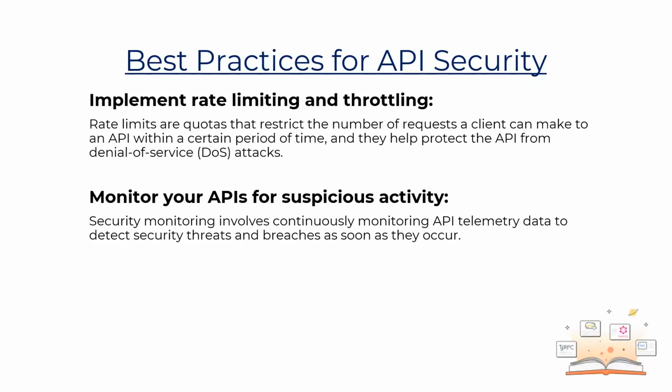It will help you to monitor downtimes, the rate at which the API performs, and how people are consuming these APIs, and a lot of things. Security monitoring involves continuous monitoring of API telemetry data to detect security threats and breaches as soon as they occur. Once you have this in place, you can see how your API performs and catch suspicious activity even before the perpetrator gets to cause havoc on the APIs.